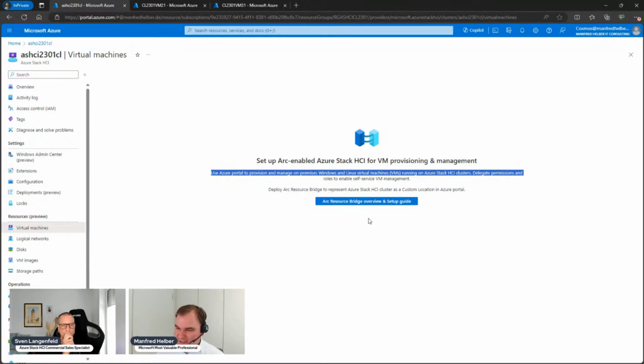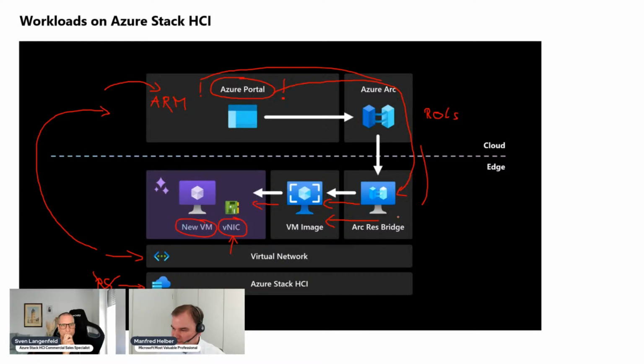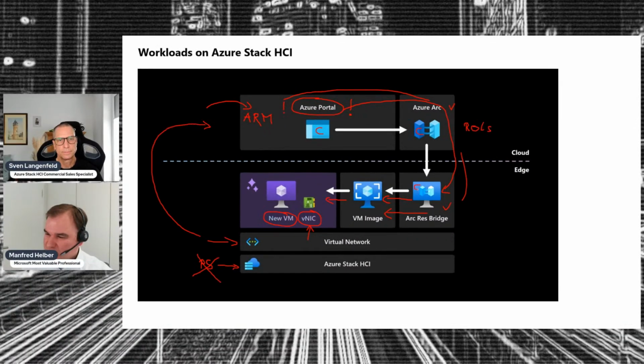So something is actually not correct with the user rights inside this ecosystem, because the resource bridge itself is existing. We have the Azure Arc enablement, and the user Cosmos was configured via the access management in the Azure portal. And for sure, regarding the way how it should work, this should also be delegated to Azure Arc and the Azure Arc resource bridge. This is how it's expected, how it works.